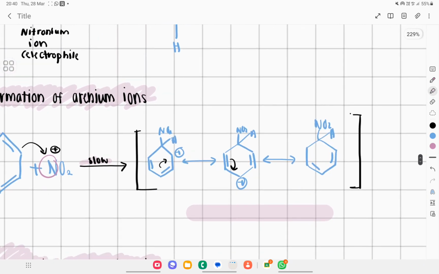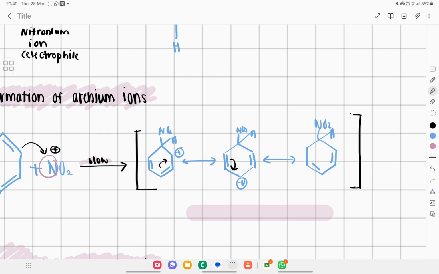Now, what happens next? The electrophile bonds with one of the benzene ring's carbon atoms, which breaks the ring's aromaticity. This results in the formation of a sigma complex. This intermediate is often represented as an arenium ion, where the positive charge is delocalized over the benzene ring.